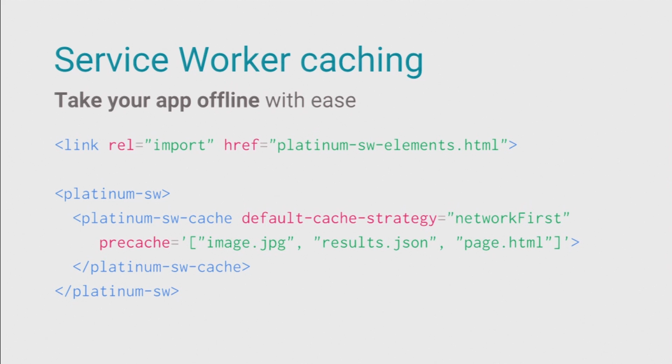And if the network is not available, it's going to end up going against a previously cached copy, including if your device is completely offline. And you can provide a list of things you want to pre-cache, all done via these standard HTML attributes. That's pretty much it. You need to have an external boilerplate file that you copy over and also deploy along with your application. But in terms of what you need to do to configure things, it's dropping it onto your page.